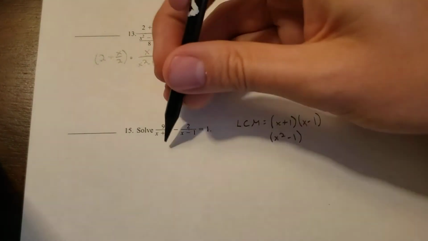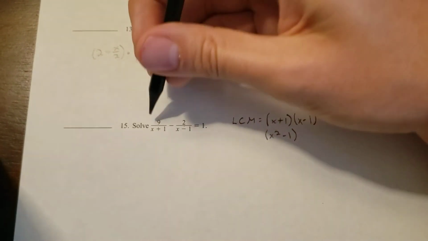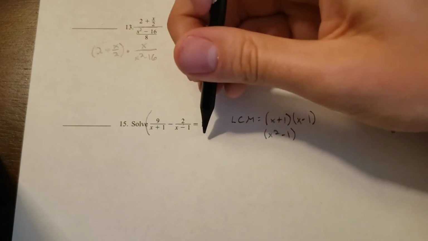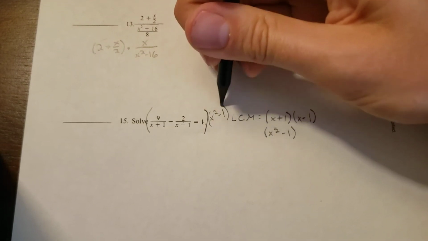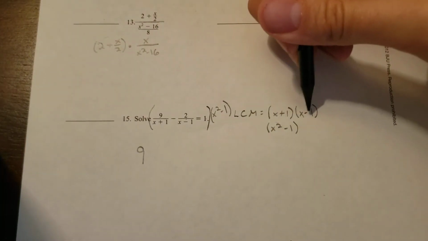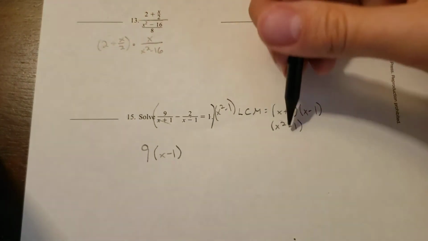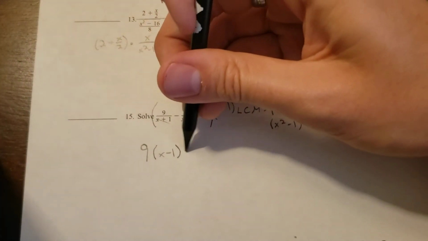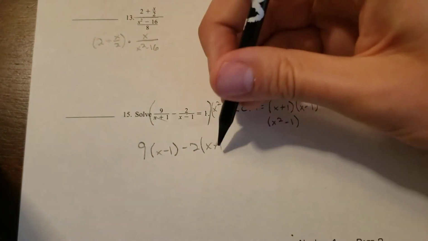So when I multiply the whole business by x squared minus 1, what I get is 9 times x minus 1, right? Because this cancels out with that factor, minus 2 times x plus 1, right?